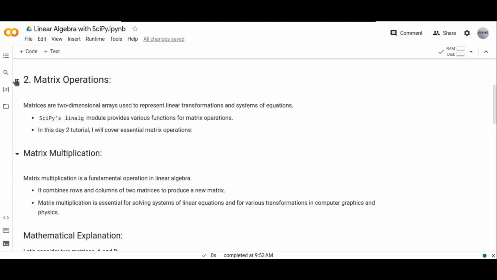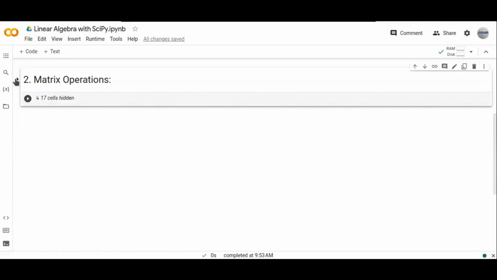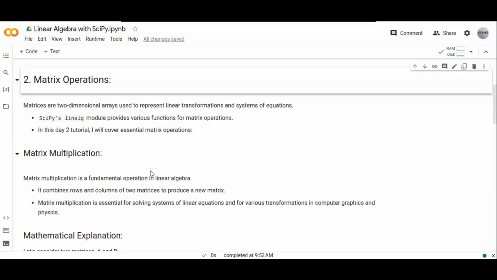As you know, matrices are two-dimensional arrays used to represent linear transformations and systems of equations, and we can implement matrices as two-dimensional arrays in the SciPy linalg module, which provides various functions for matrix operations. In this tutorial, I will cover essential matrix operations.